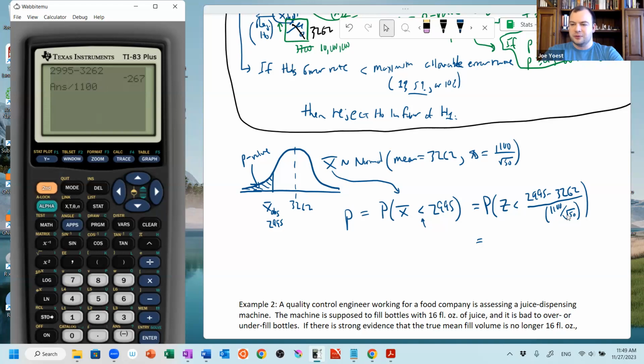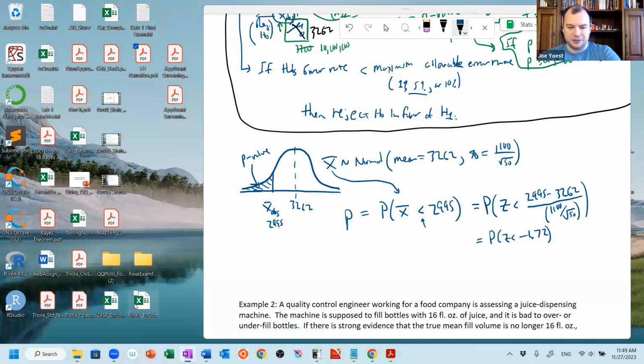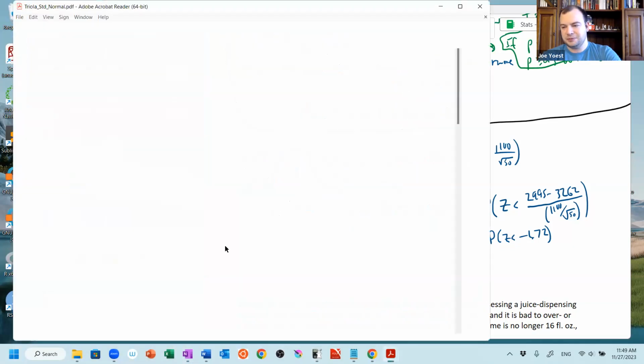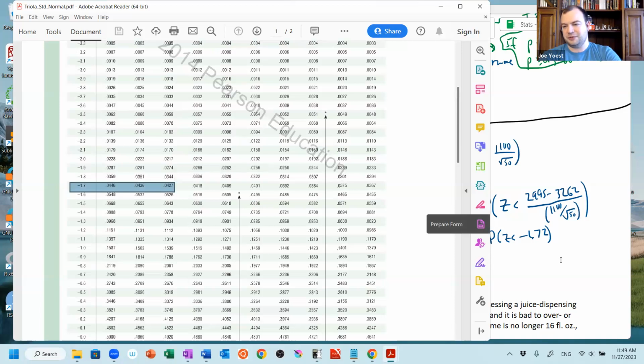And then this over root 50 is in the bottom, so it's going to come up to the top as a times root 50. If you don't like that, you can use parentheses in the denominator and keep it divided by down there, but that's negative 1.72. So what's the probability z less than negative 1.72? Here's negative 1.72. That is 4.27%.